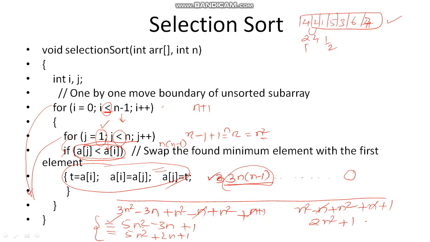This is the minimum number of instructions executed, and the other is the maximum number of instructions executed. Let us try to discuss when minimum and when maximum. Whenever this particular instruction is satisfied every time, that is when the maximum happens, and whenever this instruction is never satisfied, it is 2n square plus 1.